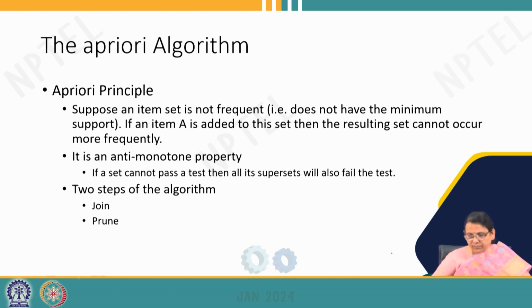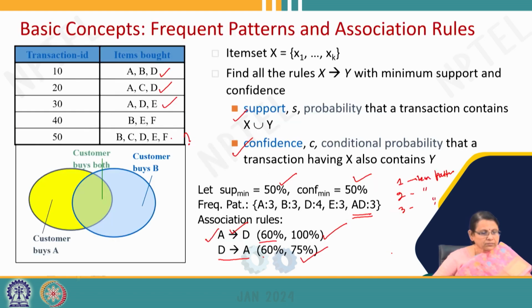For example, let us go back to here. B is a frequent pattern. B has occurred in 3. Now, suppose to B we add A. AB cannot occur more than 3 times. So, AB is occurring only once here.